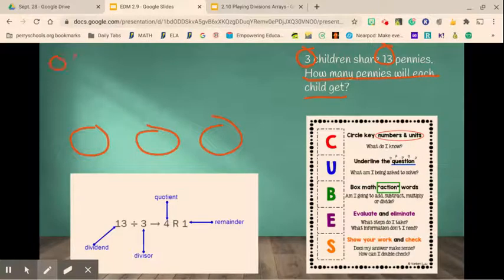So I'm going to go 1, 2, 3, 4, 5, 6, 7, 8, 9, 10, 11, 12, 13. And I'm going to share these equally because that's what it says. It says to share, and we know it needs to be equally when I'm dividing. So this one's going to go 1.